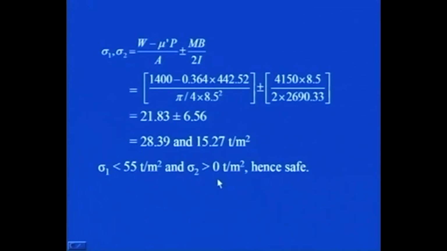So for this particular well foundation, whatever the diameter and force and moment coming on the well foundation, the foundation is safe for those values. So this is how for a particular well foundation or any practical problem you can carry out the stability check of a well foundation.